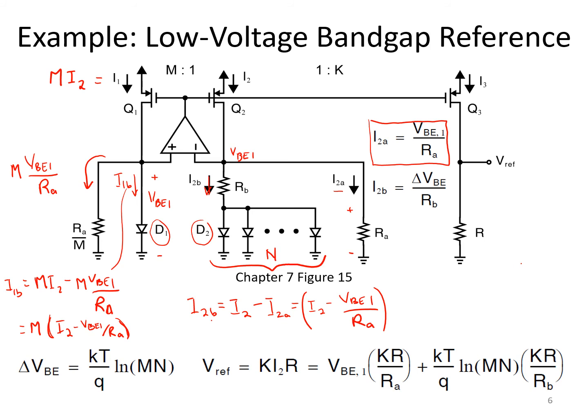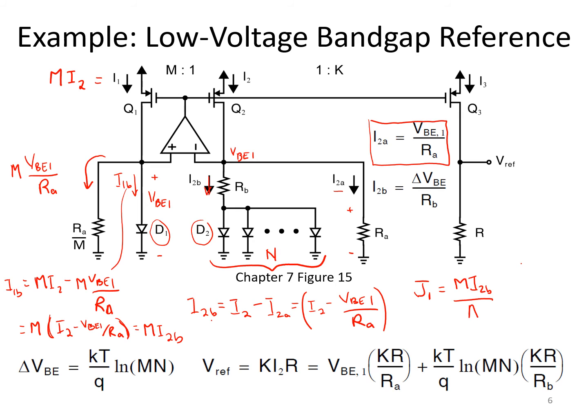So now we've got the current density of diode D1 is the current flowing through it, which is in fact M times I2B, divided by its area.